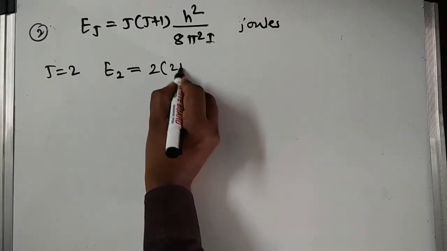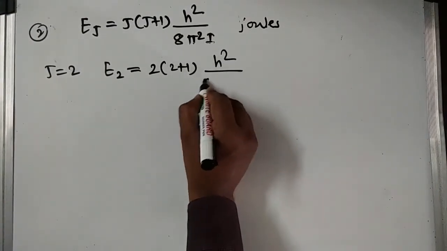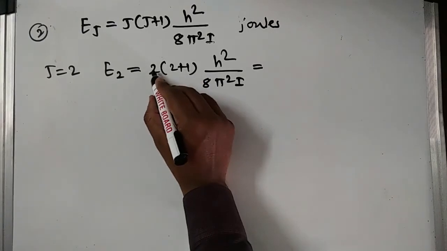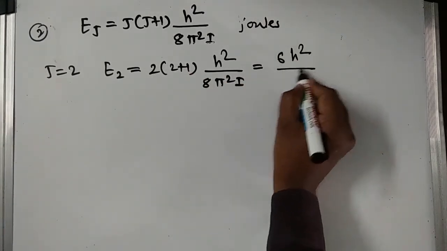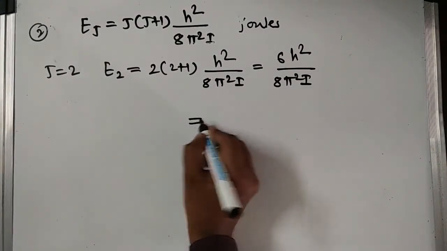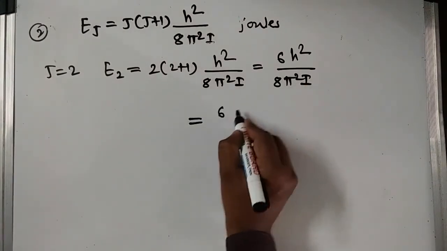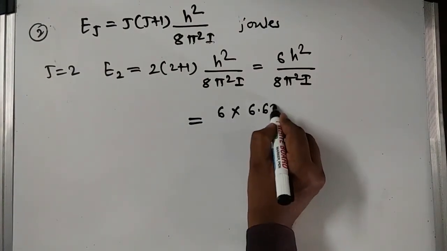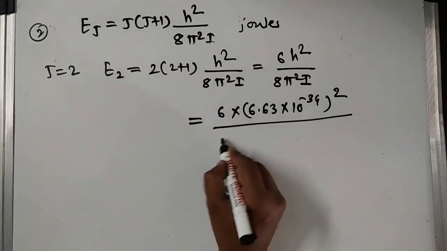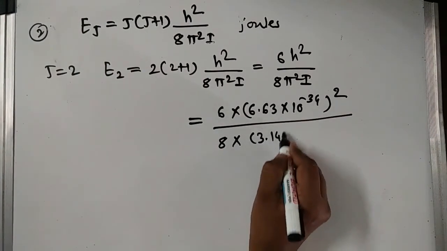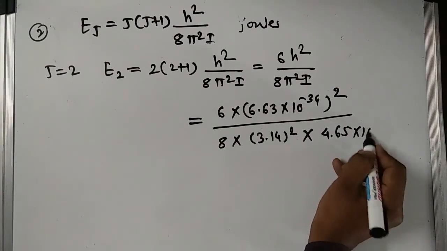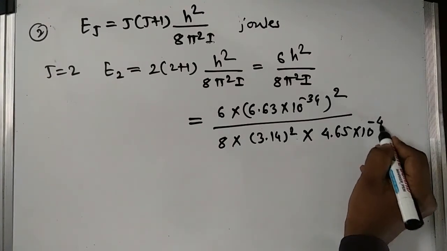Which is equal to 2 into 2 plus 1 h square upon 8 pi square I, which is equal to 3 into 2 is 6 h square upon 8 pi square I. Therefore we can calculate, it is 6 into h square, 6.63 into 10 raised to minus 34 square divided by 8 into 3.14 bracket square into I. The value of I is 4.65 into 10 raised to minus 48.